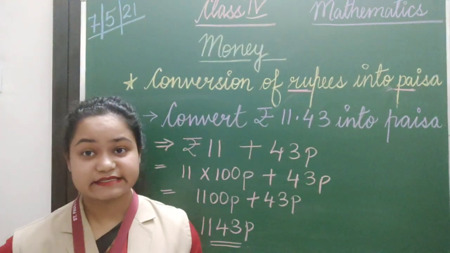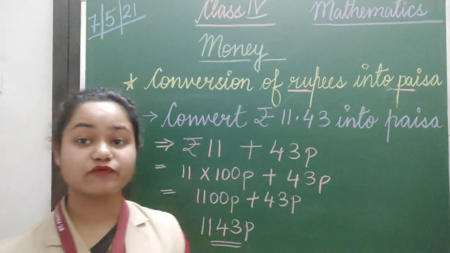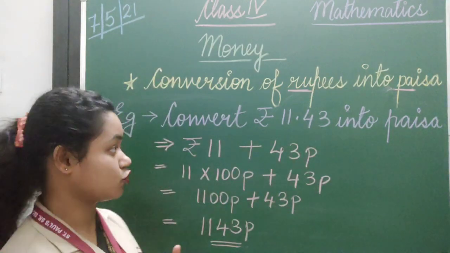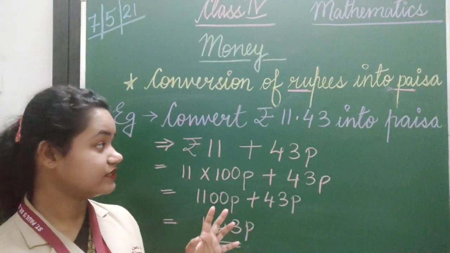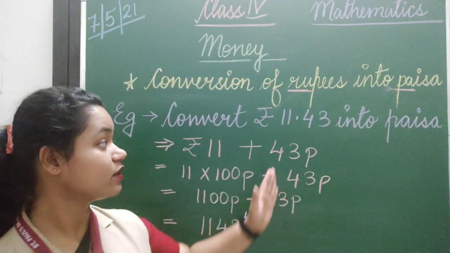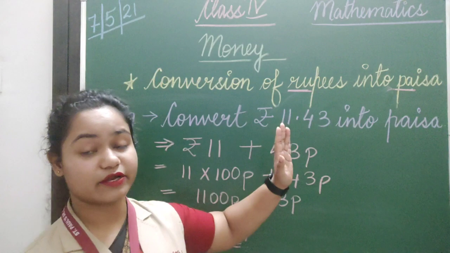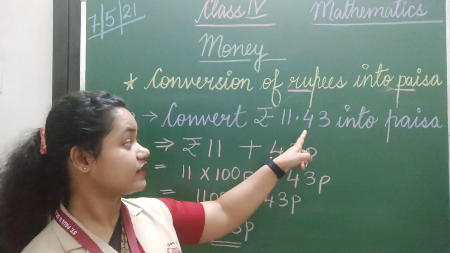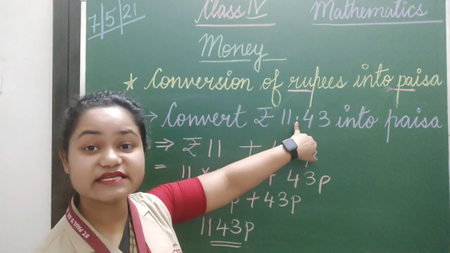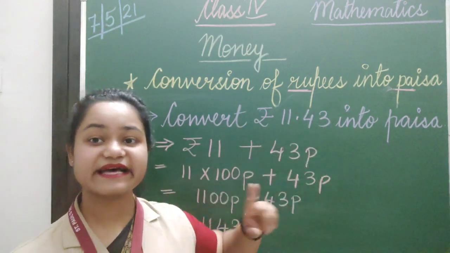So now children, let us see the numbers which have a point in them. Now how will you convert those rupees into paisa? Here what you need to do is separate them, that means write them in expanded form. The digits which are behind the point, you are going to consider them as paisa.